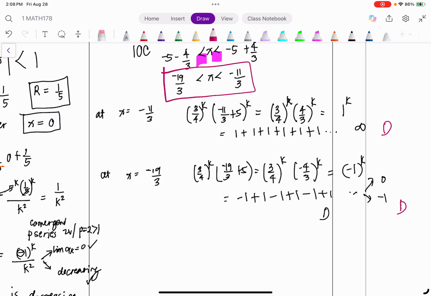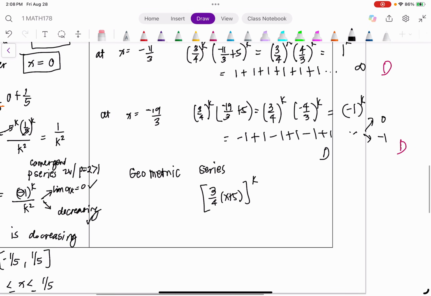You can also see that this is a geometric series. So it would be 3 over 4 times x plus 5 raised to k. So the first term is a sub 0 equal to 1. And the common ratio is 3 over 4 times x plus 5.